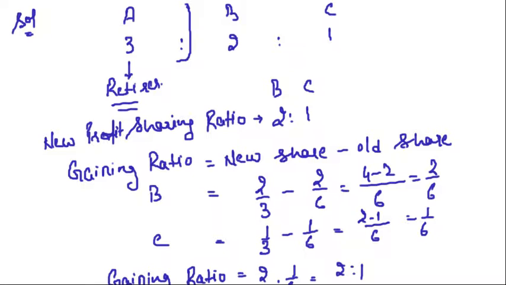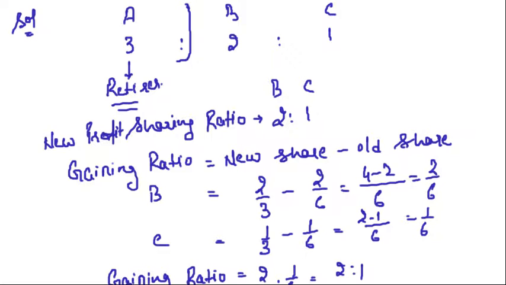But in the exam, when you have less time and you get this kind of a case, where you have only the old profit sharing ratio and they say one of the partners retires, then you know that the new profit sharing ratio is always equal to the old share of the remaining partners. And in that case, the gaining ratio will always be equal to the old share of remaining partners. That's a shortcut for the exams.